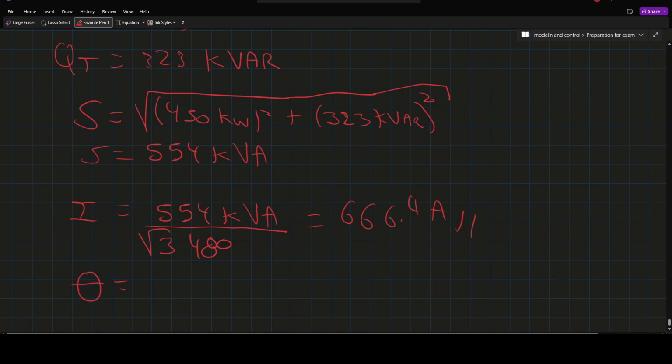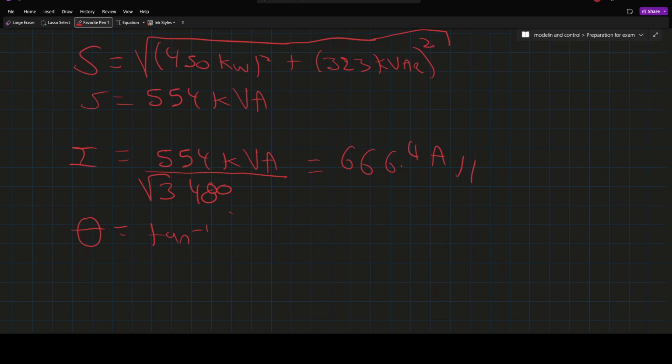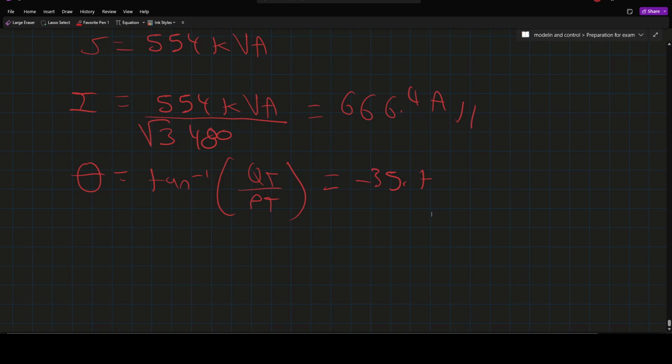And this is with an angle of the inverse tangent of Q over P, the total reactive over the total real. We get an angle of minus 35.7.